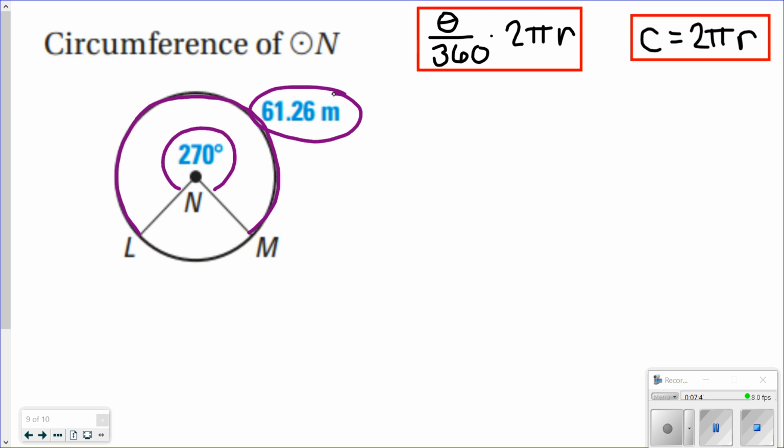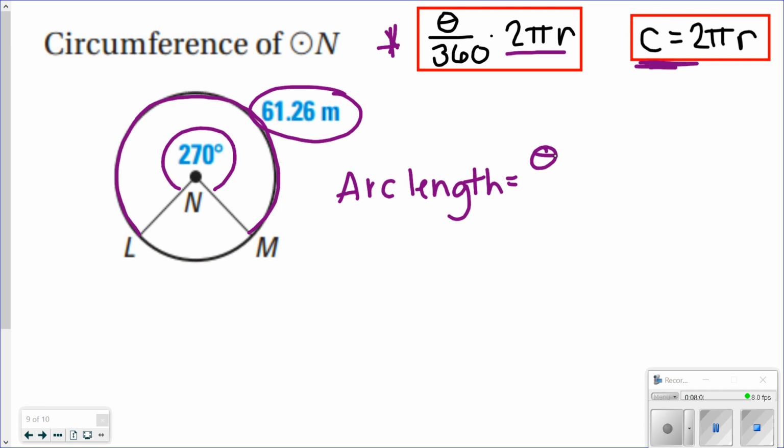So I'm just going to plug in those values for my circumference equation. But once again, remember that 2 pi r, we know that that's the circumference. So when I rewrite this as arc length is equal to theta over 360 times C.